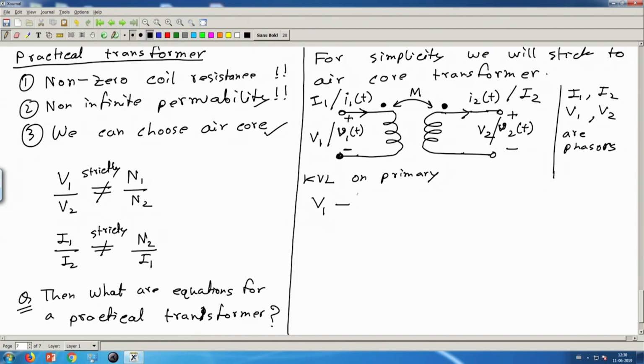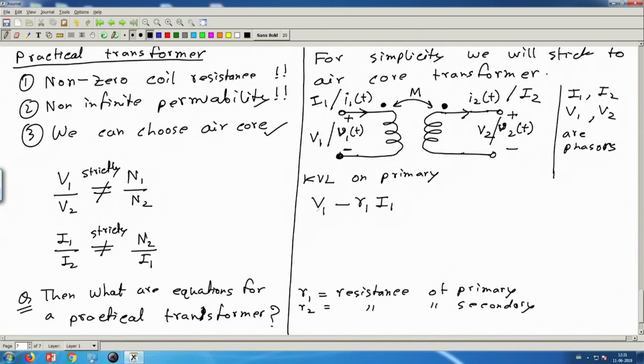Call it R1 I1, where R1 is the resistance of the primary. Similarly, R2 will be the resistance of the secondary coil.